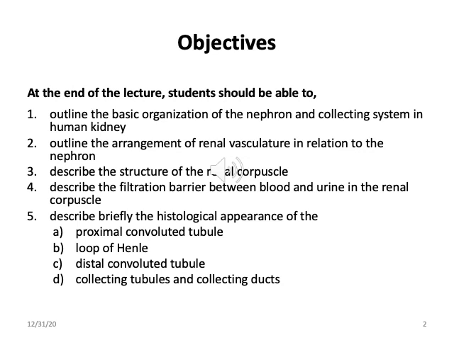Outline the arrangement of renal vasculature in relation to the nephron, and you should know how to describe the structure of renal corpuscle, filtration barrier between blood and urine in the renal corpuscle, and describe briefly the histological appearance of proximal convoluted tubule, distal convoluted tubule, loop of Henle, and collecting tubules and ducts.